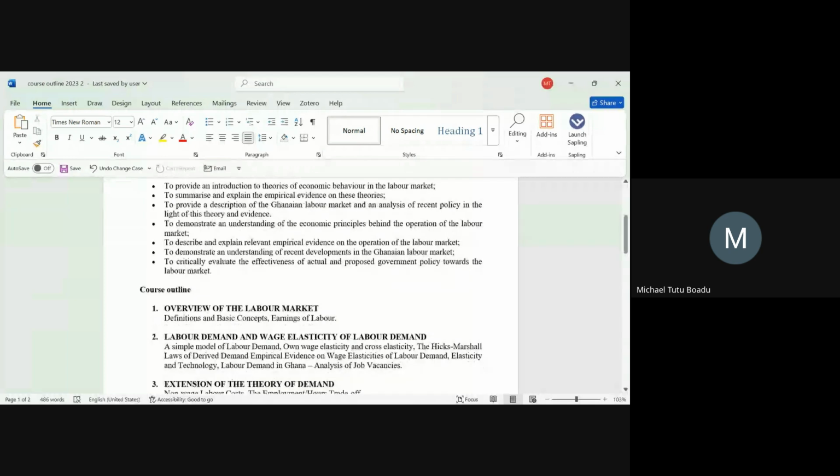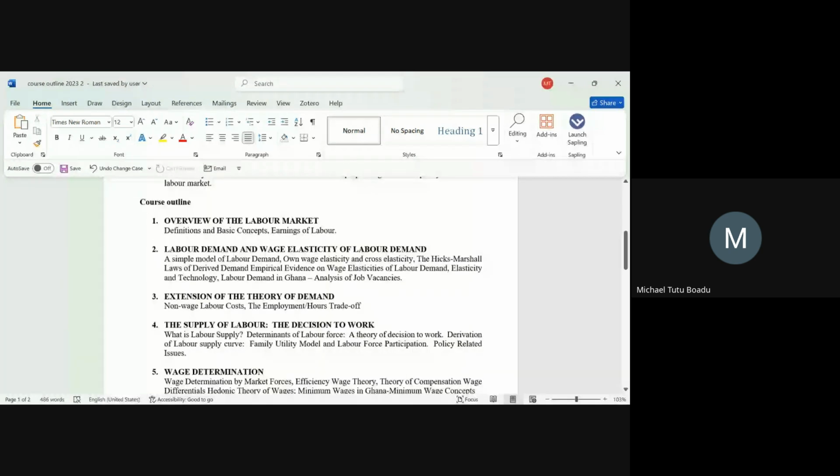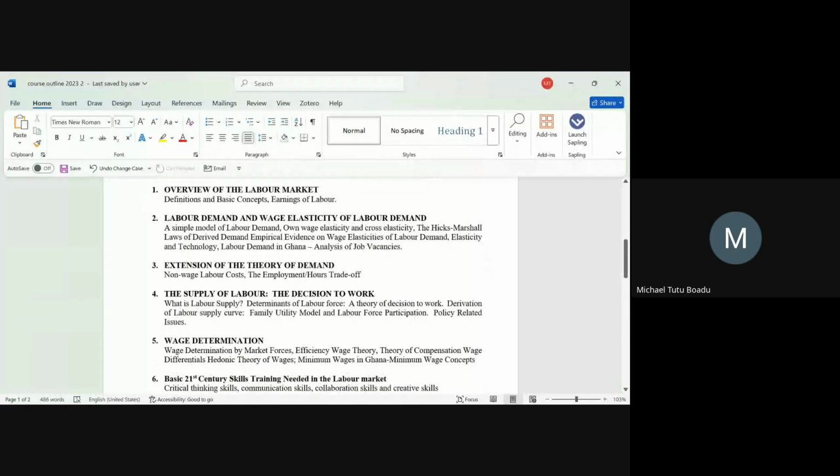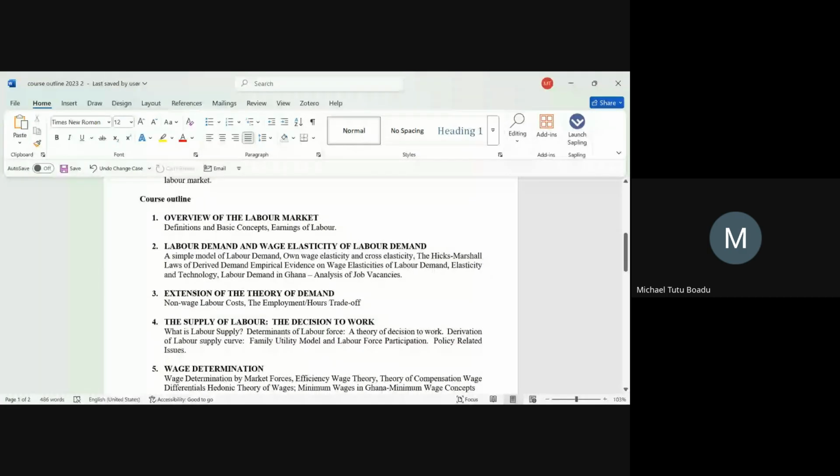And the detailed outline, we have 8 topics to look at. The first will take us through an overview of the labor market, some definitions and concepts, earnings of labor. There's a difference between wages and earnings.